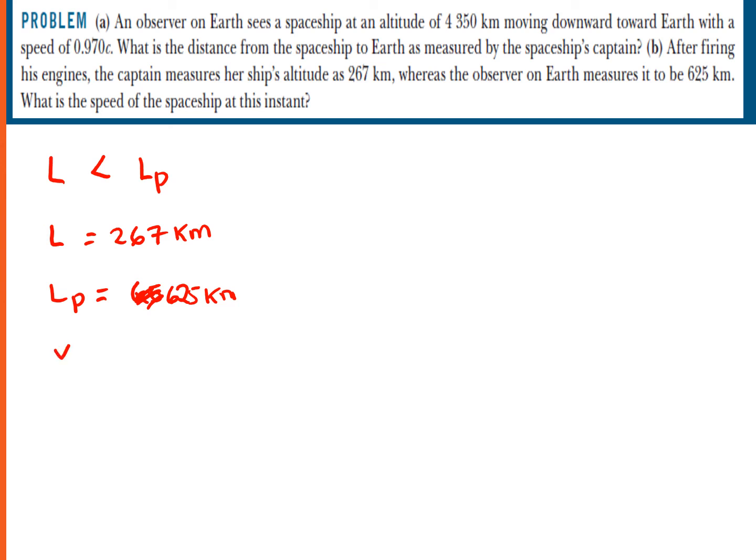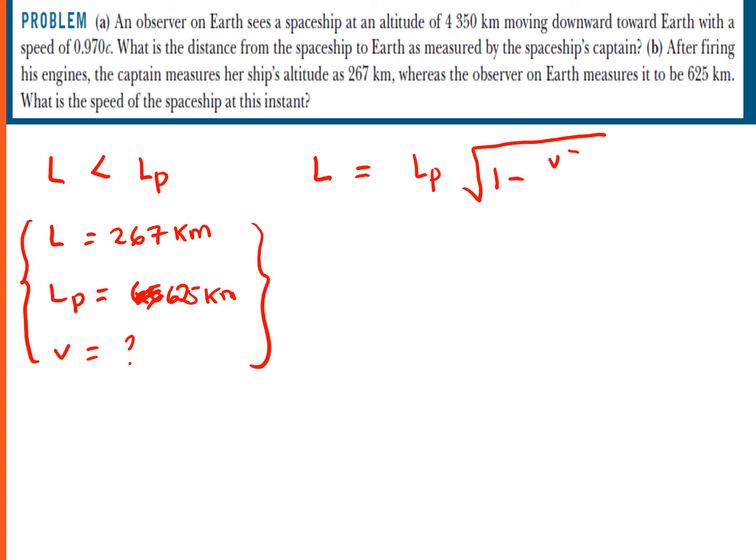Alright, and we are asked to solve for the speed of the spaceship at this instant. Then we just have to substitute these givens into our equation, which is L is equal to the proper length multiplied by the square root of 1 minus v squared over c squared. So let's substitute our values. L is 267 kilometers.